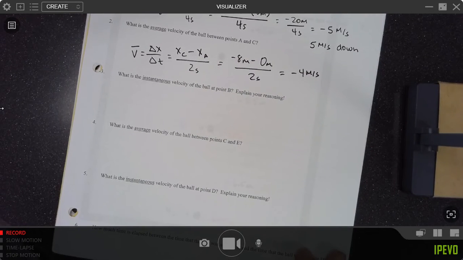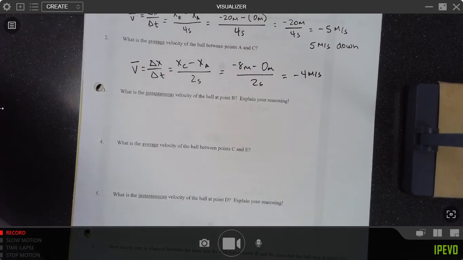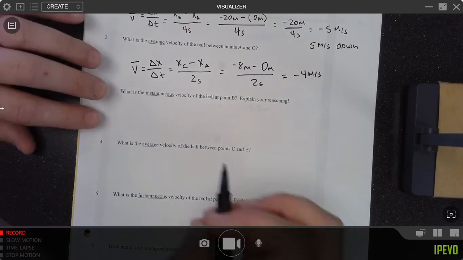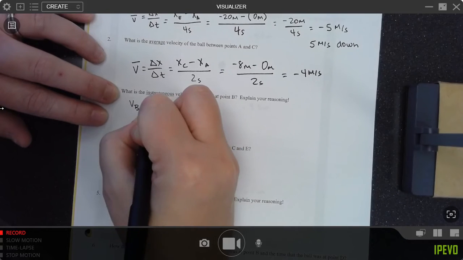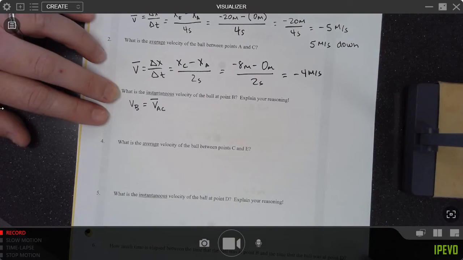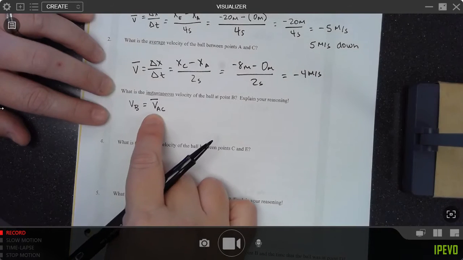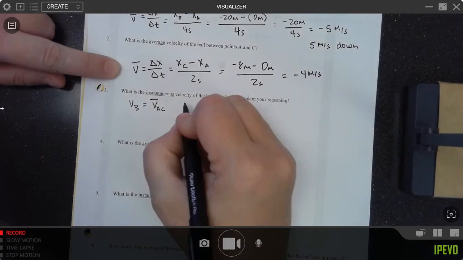The next question says, what's the instantaneous velocity of the ball at point B? All you need to know to be able to figure this out is that the instantaneous velocity at B is equal to the average velocity between A and C. And we already calculated that. The average velocity between A and C was our answer to number 2.